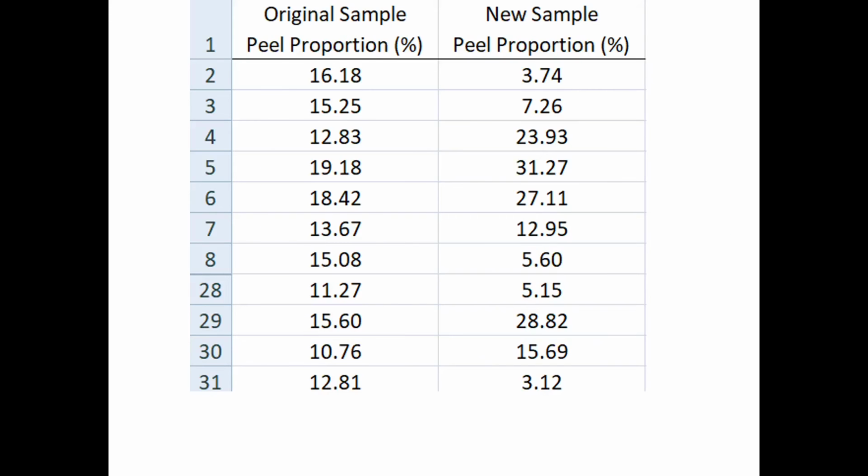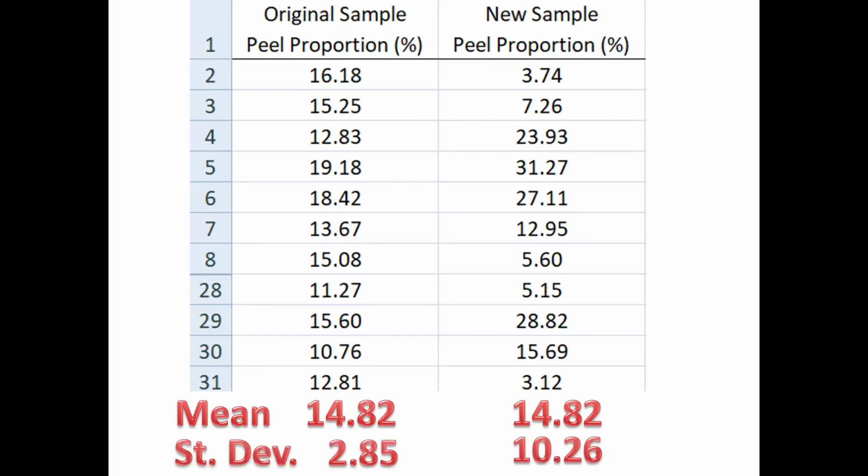Let's say we sampled another 30 bananas and the peel proportions were like this. The mean is exactly the same as the original set of 30 bananas, 14.82. If we ignored standard deviation, we'd conclude that the second set of bananas had the exact same peel proportion as the first set of bananas. However, look at the standard deviations.